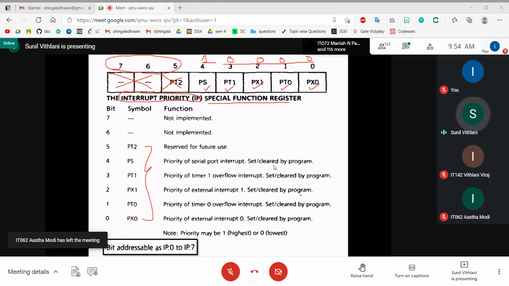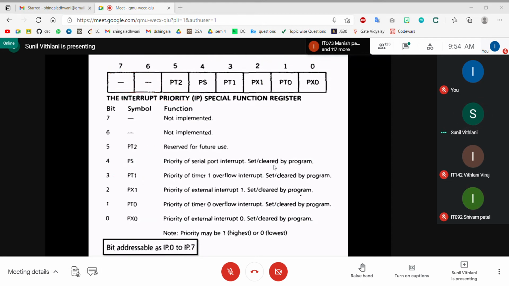So let's say we have set this priority. We have set this 1 and this is also 1. So what is the interpretation? The interpretation is that if any of these 2 is generated, it will be treated as higher priority as compared to the remaining 3.